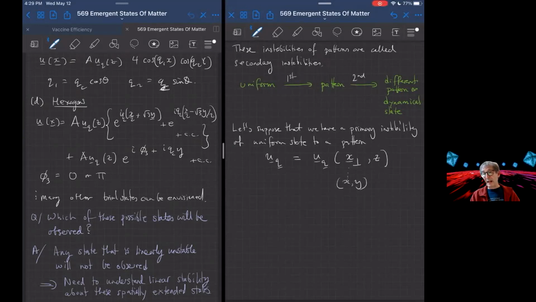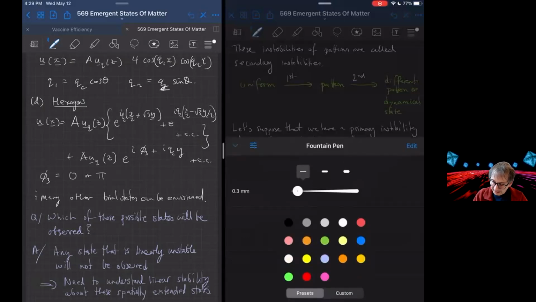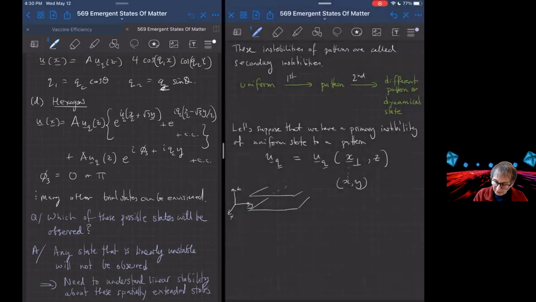So usually the pattern in the z direction is trivial, maybe just a velocity field.